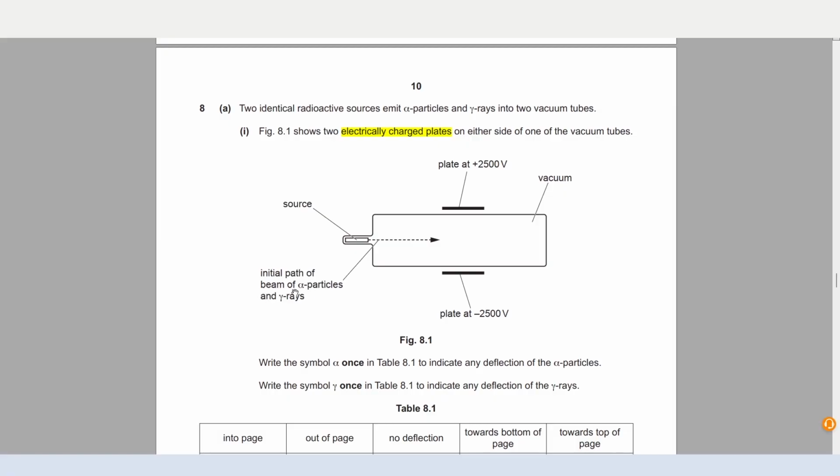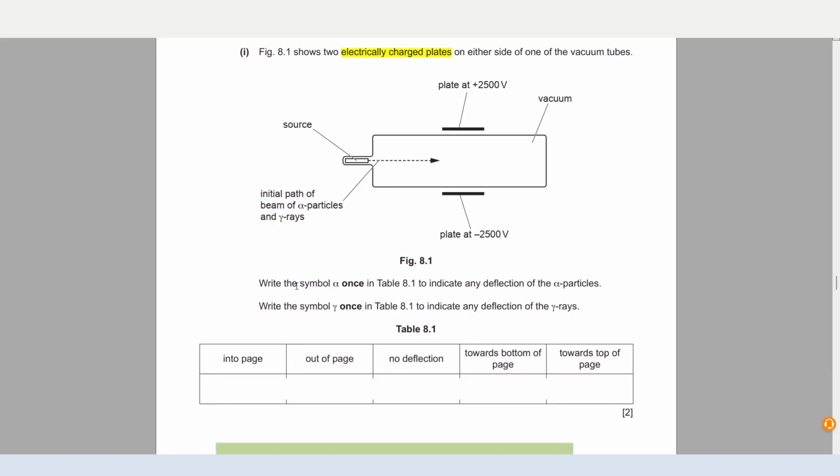Initial path of beam of alpha particles and gamma rays. Write the symbol alpha once in table 8.1 to indicate any deflection of alpha particles. Write the symbol gamma once in table 8.1 to indicate any deflection of gamma rays.